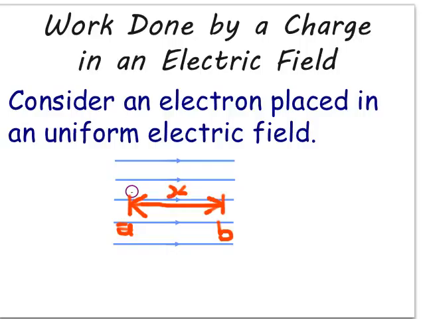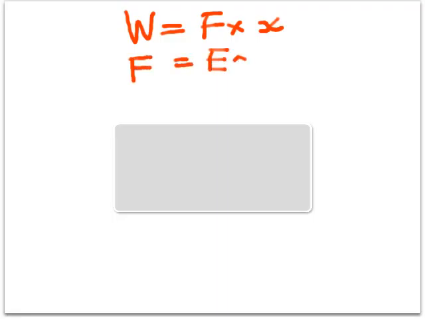then I would have to do some work against the field. So remember what work is. Work equals force times the distance we're going to move, which in this case is x. Now let's look at what the force is. Work equals force times x, and we know already that force is equal to EQ, the electric field strength multiplied by the size of the charge, in this case an electron.